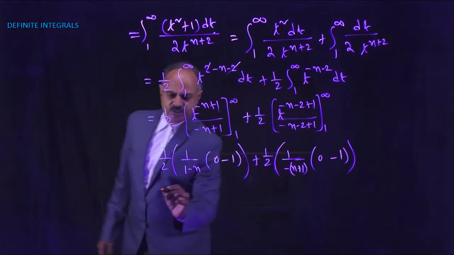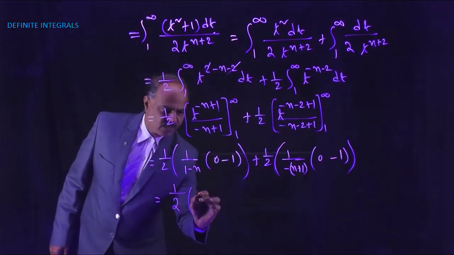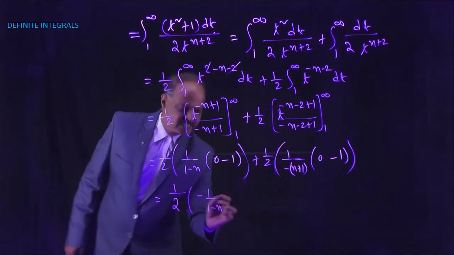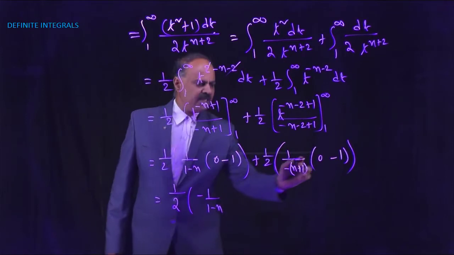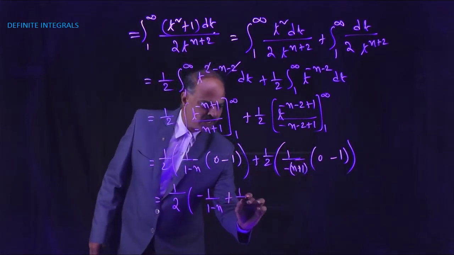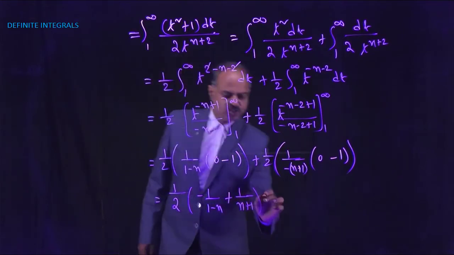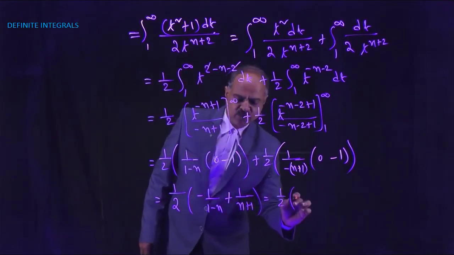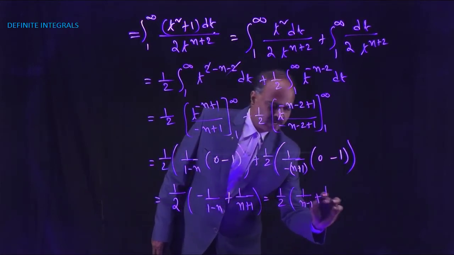Now this is equal to 1 by 2 into minus 1 by 1 minus n, minus 1 by n plus 1, so 1 by 2 into 1 by n minus 1 plus 1 by n plus 1.